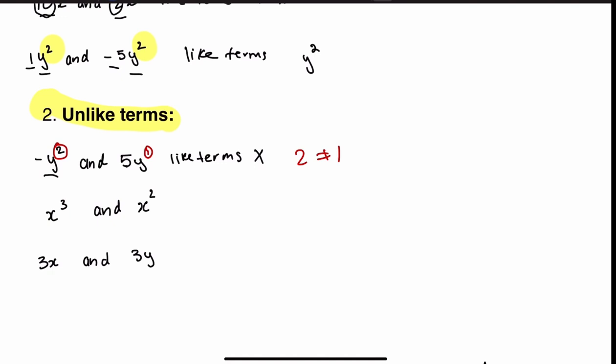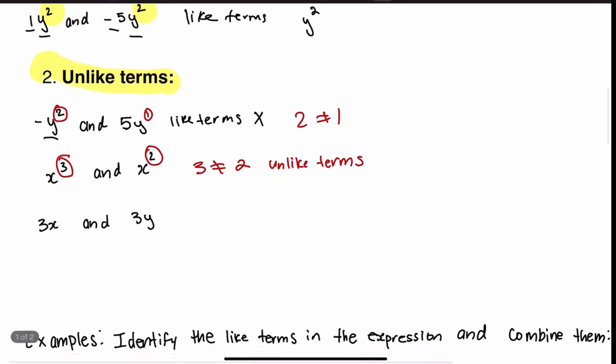For the second one, which is x to the power of 3 and x squared, 3 and 2, again, these powers are different. So 3 does not equal 2. This is why it's going to be unlike terms. Same for this one. The x and the y are completely different variables. You can see that they're both to the power of 1, but x is not y and y is not x.